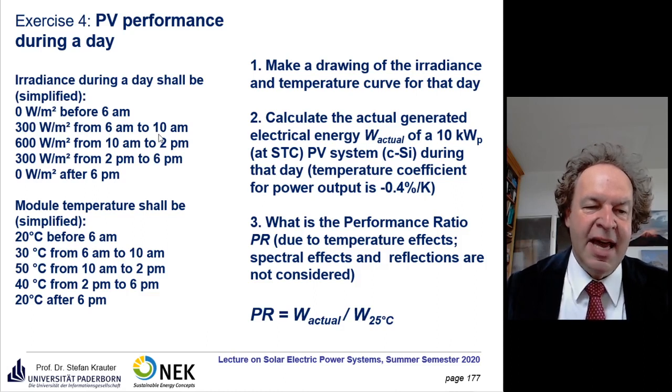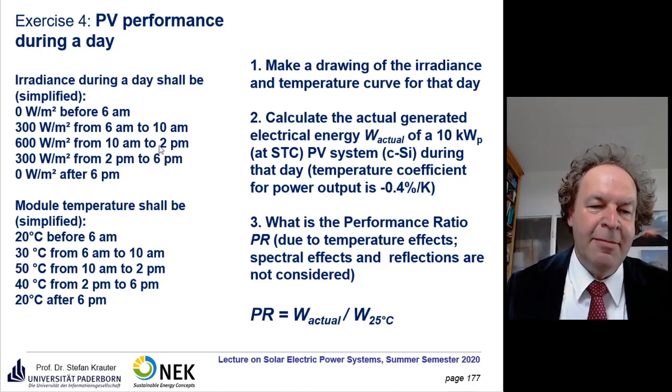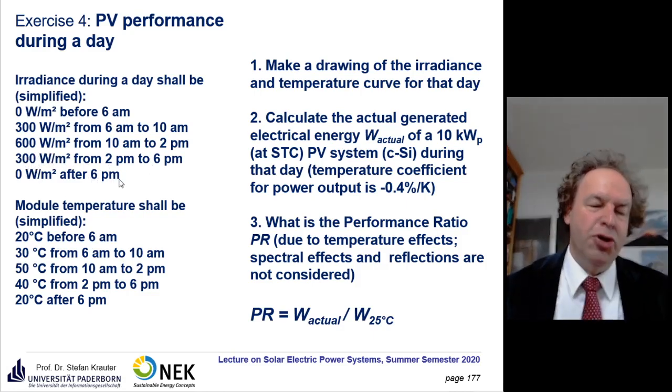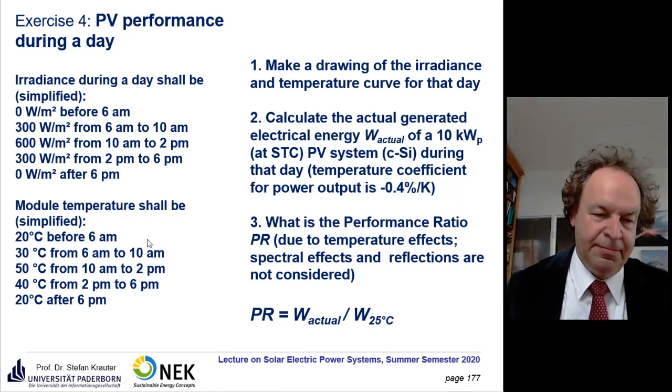Then from 6 a.m. to 10 a.m. we say the irradiance is constant at 300 watt per square meter, and then from 10 a.m. to 2 p.m. it reaches maximum at 600 watt per square meter. So midday minus 2 hours, plus 2 hours around midday, and then in the afternoon it is reduced by 50% to 300 watt per square meter from 2 p.m. to 6 p.m., and then it's 0 watt per square meter after 6 p.m.